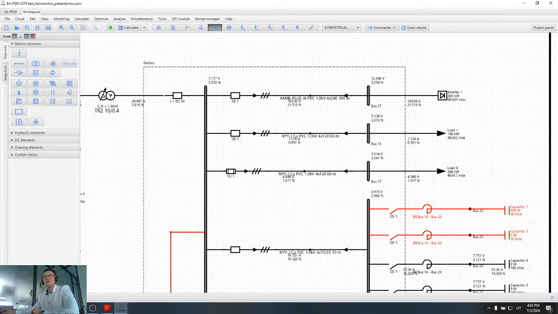Then we have one more question. Will harmonics have magnetizing currents? So basically harmonics create two types of currents. One is eddy currents that are creating losses inside the core of the transformer, and another type of current is stray current, and these stray currents again create losses in all the metal parts that are around the transformer core.